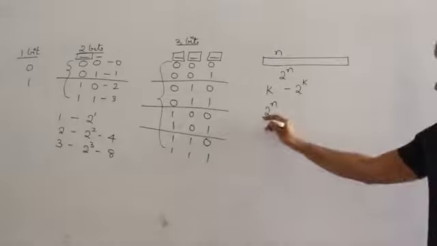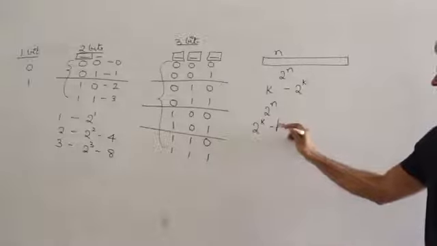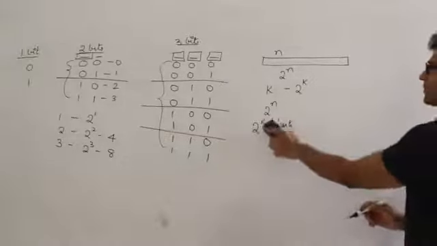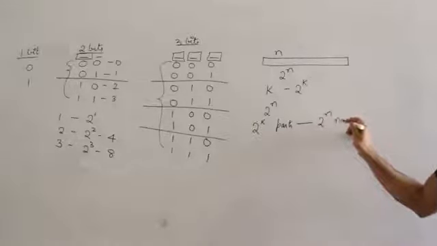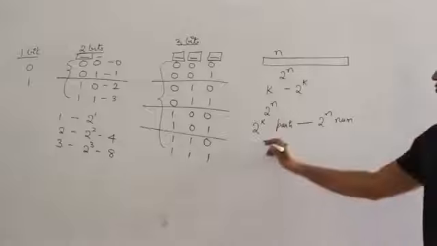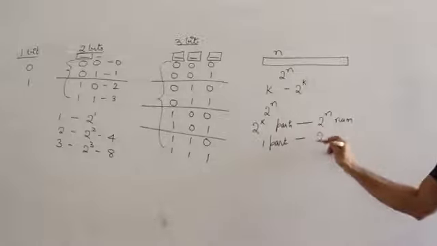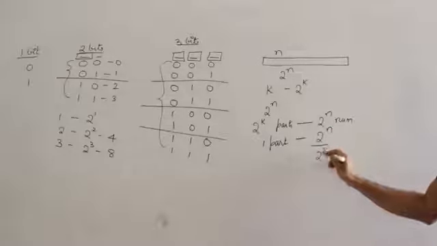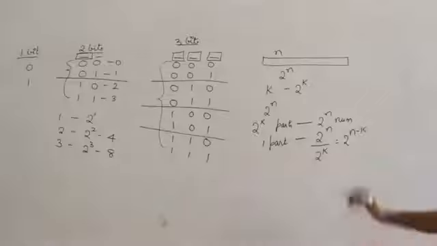Therefore what is the size of each part? We have 2 power k parts which contain a total of 2 power n numbers, isn't it? Then what will be the size of each part? Each part size will be 2 power n divided by 2 power k, which is nothing but 2 power n minus k. So this is important.